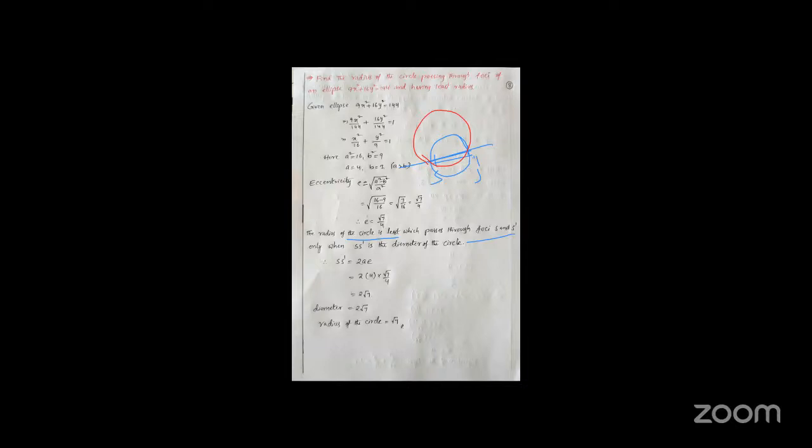So the radius of the circle is least only when the diameter of the circle is SS dash. So here the diameter of the circle should be the distance between the two foci.